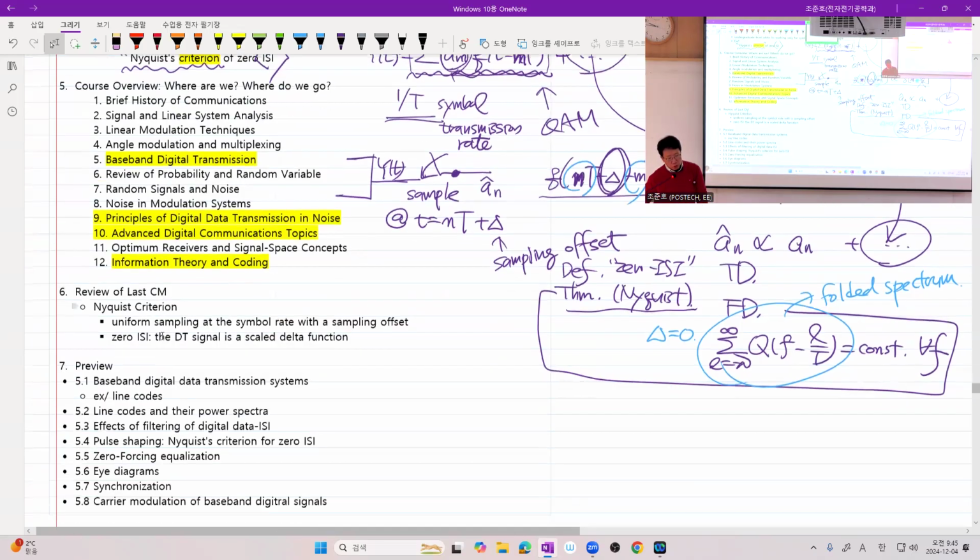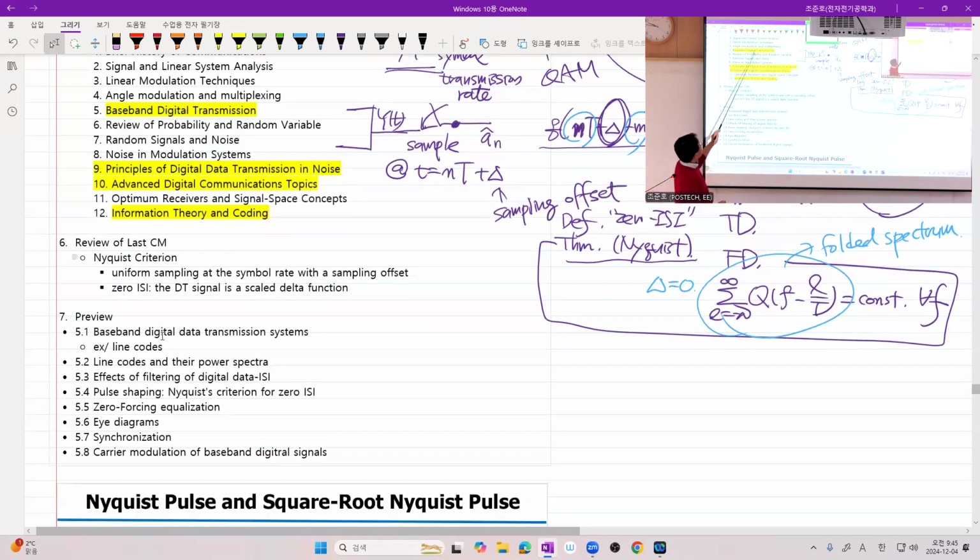Okay, so we are here in chapter 5, and we are going to almost finish this chapter 5 with some parts skipped. And I will talk about something appearing in chapter 9 that is called the matched filter. And the matched filter requires knowledge of random processes, so I'm going to just give you a sketch of that filter.